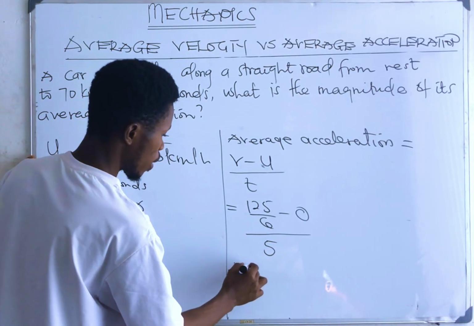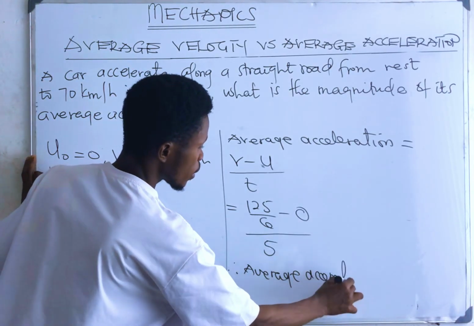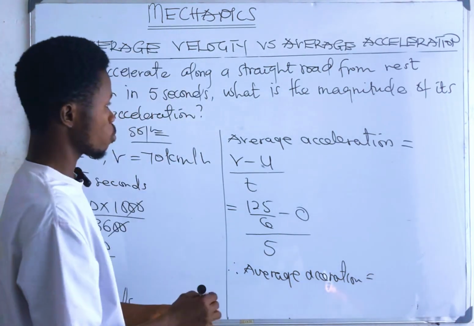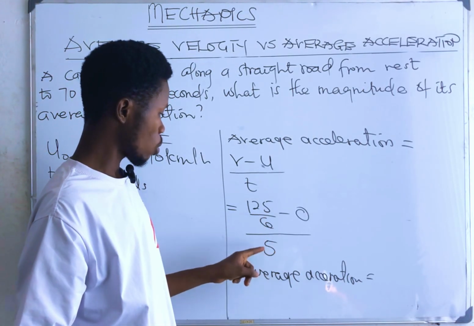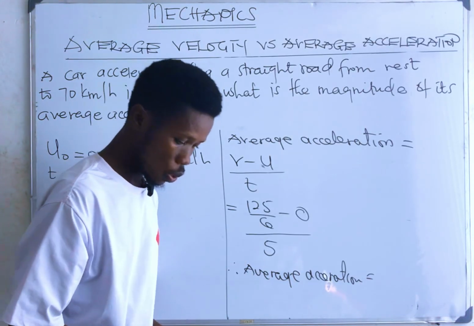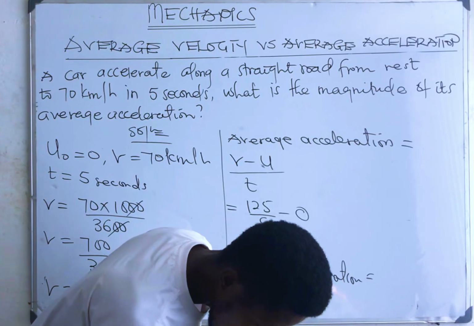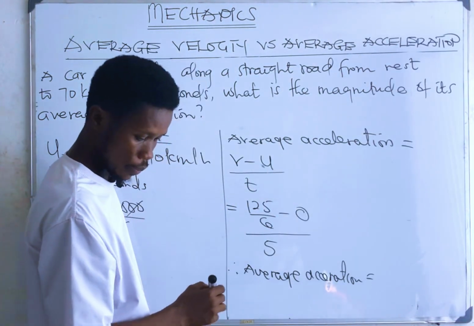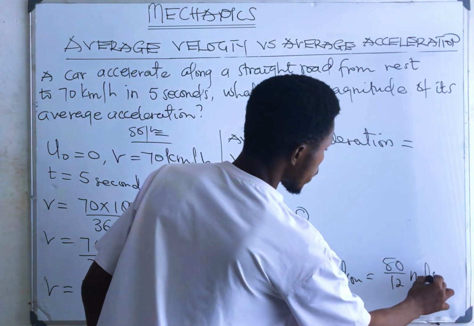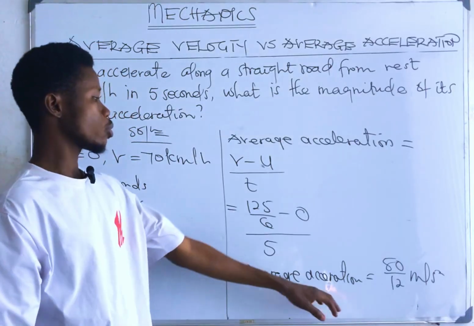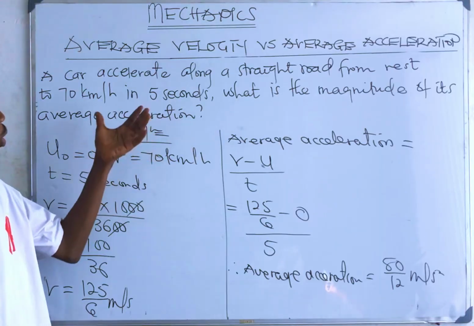Therefore our average acceleration will be equal to 125 over 6 all divided by 5. Using a calculator, that will give us 50 over 12 meters per second squared. You can try to change this one to decimals, no problem. Is that okay? So this will be the solution to this question.